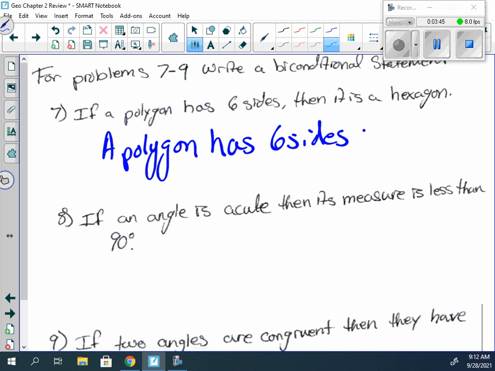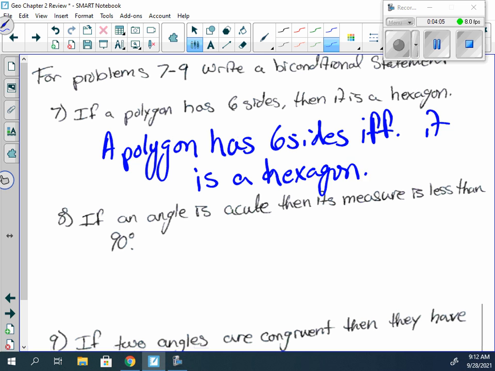Well, it said it has 6 sides, and then it says IFF, yes? It is a hexagon.